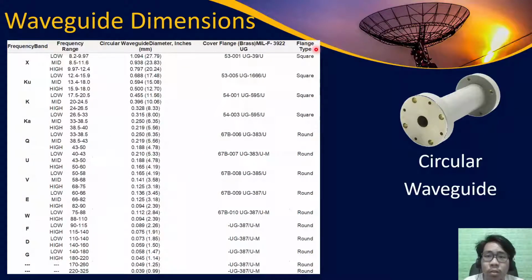We can also have different flange types. The flange here is this cylinder, which is used to connect it to other waveguides. We can have a square type of flange. We can also have a round type. This circular waveguide here has a round flange type.